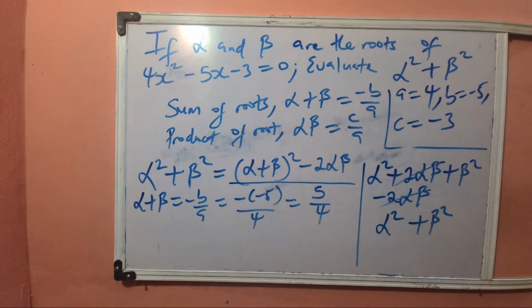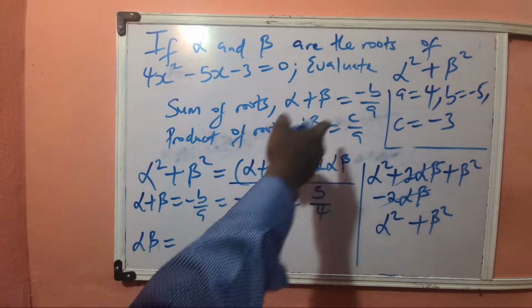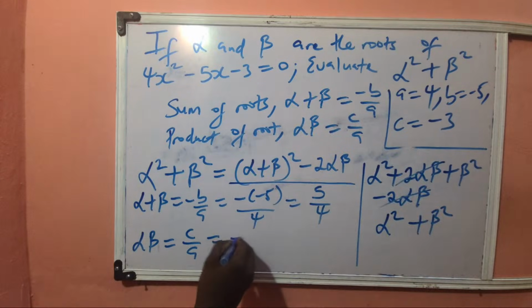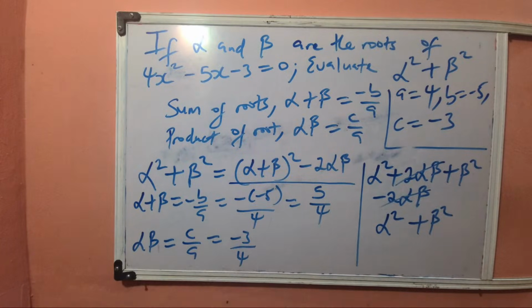And our alpha beta, which is c over a, our c is minus 3 and our a is 4, so our alpha beta is minus 3 over 4.